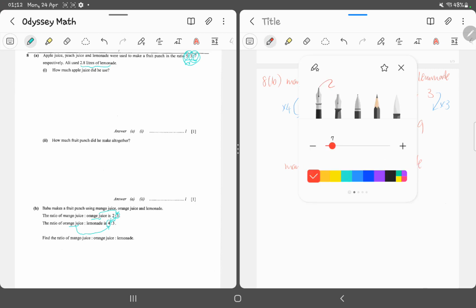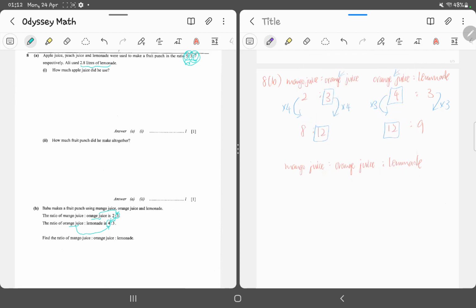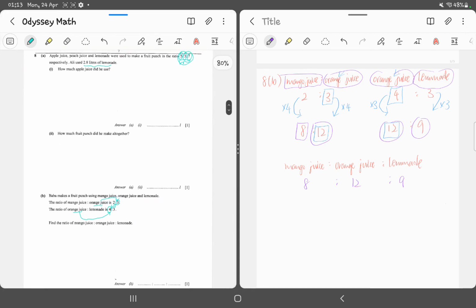The ratio will be 8 is to 12 is to 9. And we are done with this question. Okay, so that's it for 8 part B.